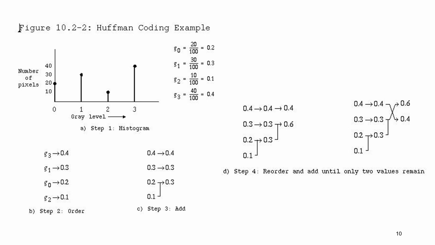So again adding 0.3 plus 0.3 is 0.6. Now we have to reorder that in descending order, again 0.6 plus 0.4. We have to shift it. Based on that, we have given the arrow marks.